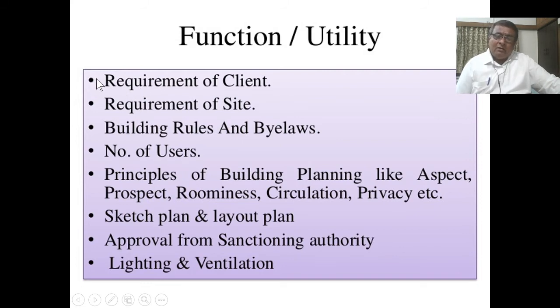The main contents of function or utility are the requirement of the client, then the requirement of the site, then building rules and bylaws, then number of users, then principles of building planning like aspect, prospect, roominess, circulation, privacy, etc. Then sketch plan and layout plan, then approval from the sanctioning authority, and lighting and ventilation. These are all contents of function or utility.